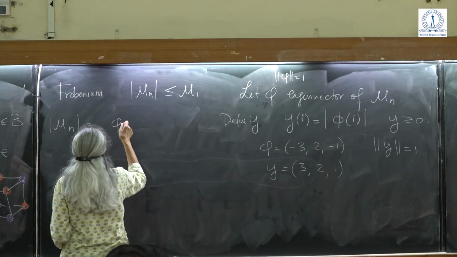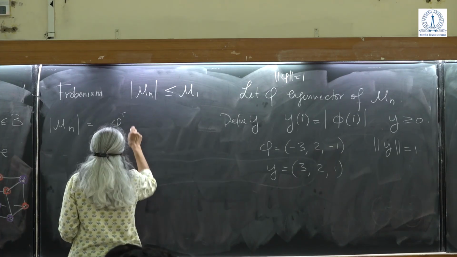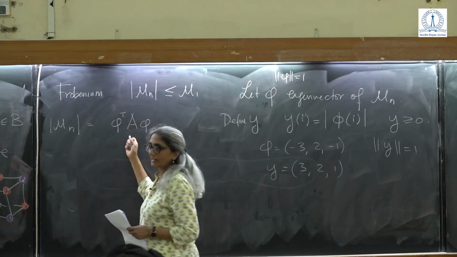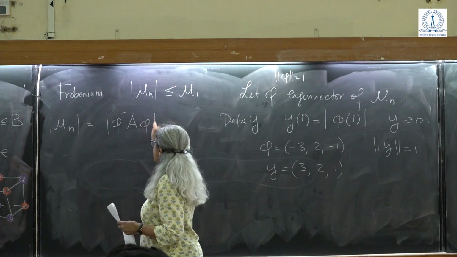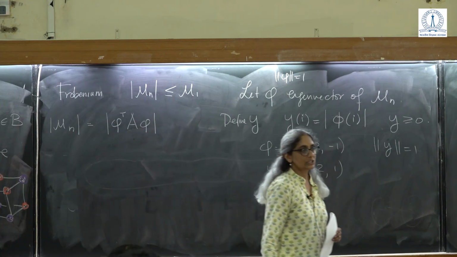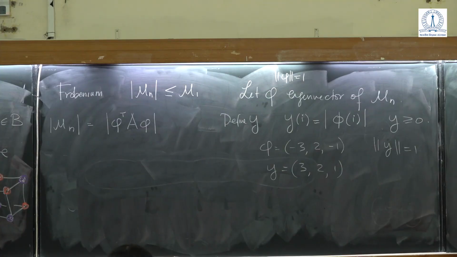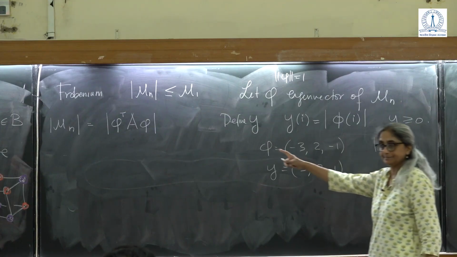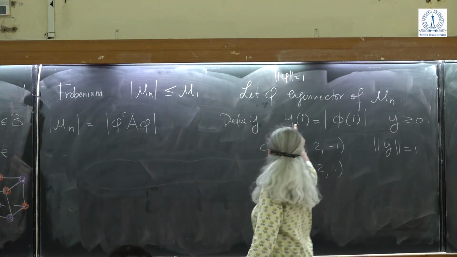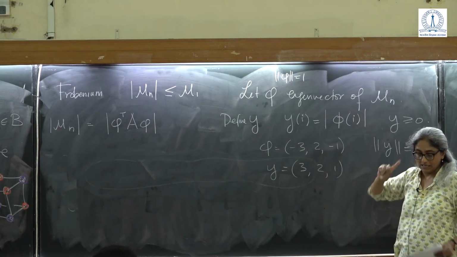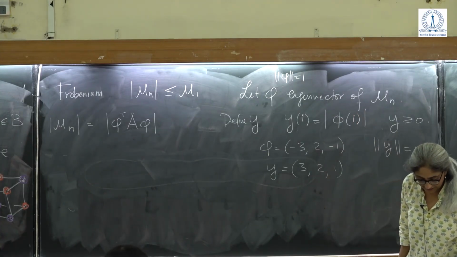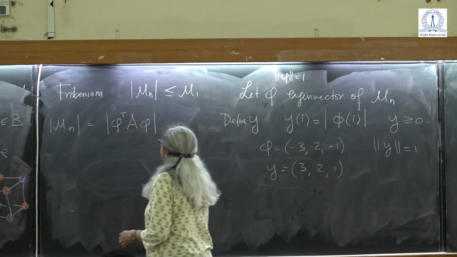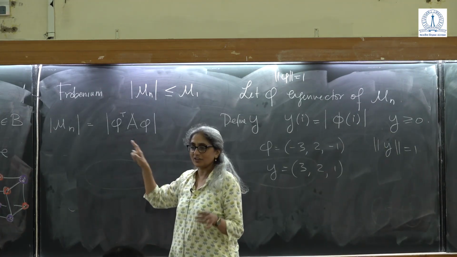So this is actually phi transpose times A times phi, and then the absolute value of this. We did everything with the Laplacian, but it's the same proof: if you plug the eigenvector into the quadratic form, you get the eigenvalue. So that value, the absolute value, is the same as this, because I'm using the eigenvector of mu n. Now, does anyone know how to write this as a quadratic form?